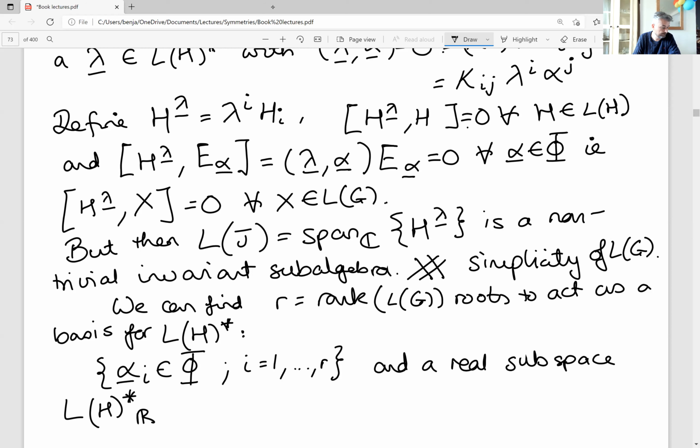So this is, of course, within the dual space, which is defined over the complex numbers.